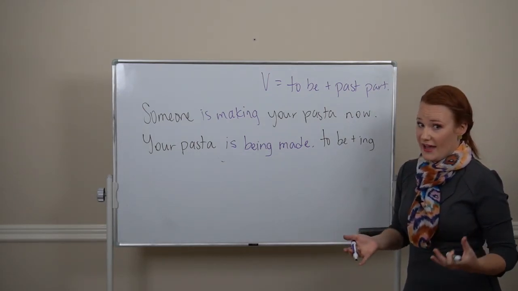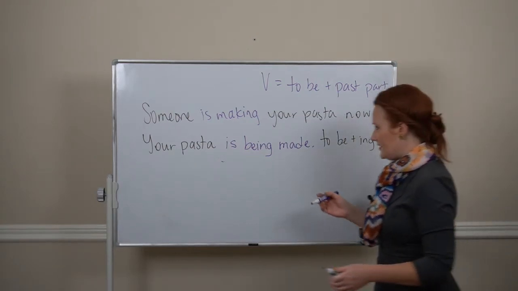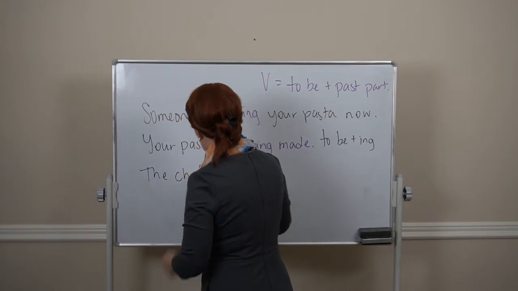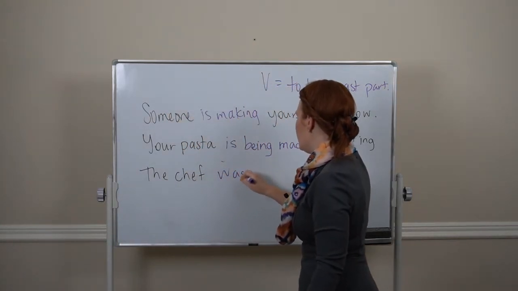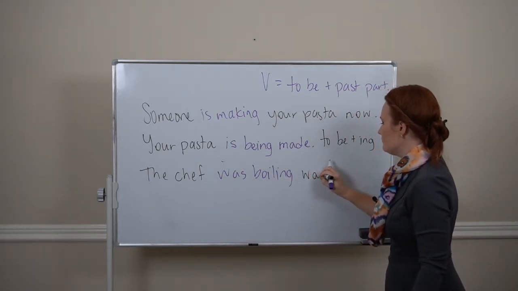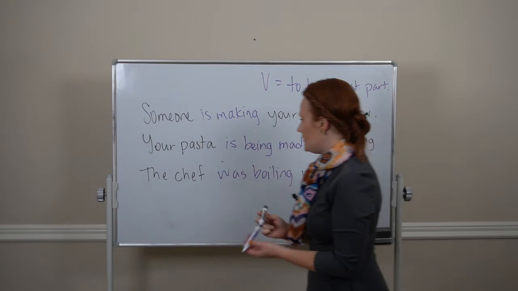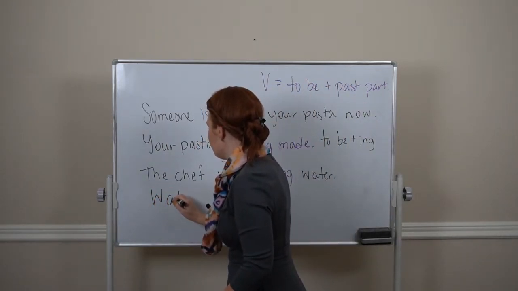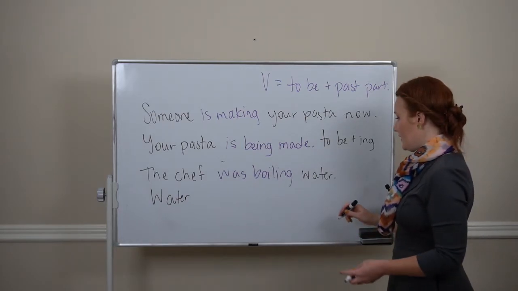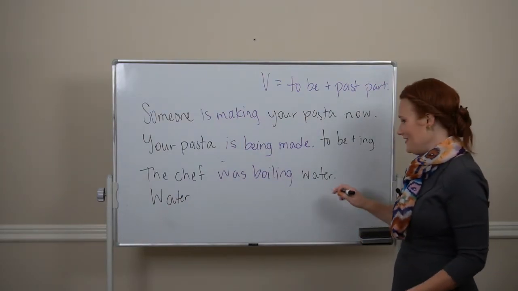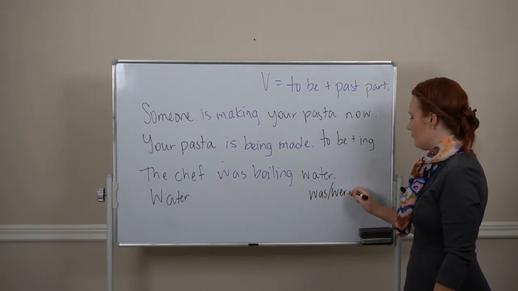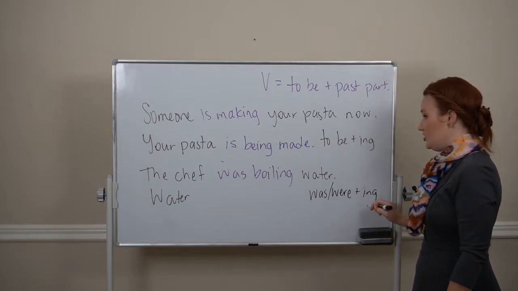So, same for past continuous. Let's see. The chef was boiling water. Water goes to the beginning. And for past continuous, the form is past to be. So that's was or were. And then our ing verb.